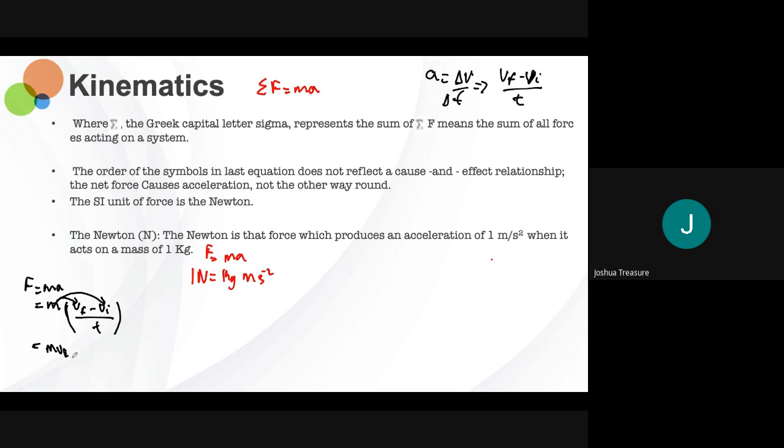What else? Minus mvi, and all of this is over t.